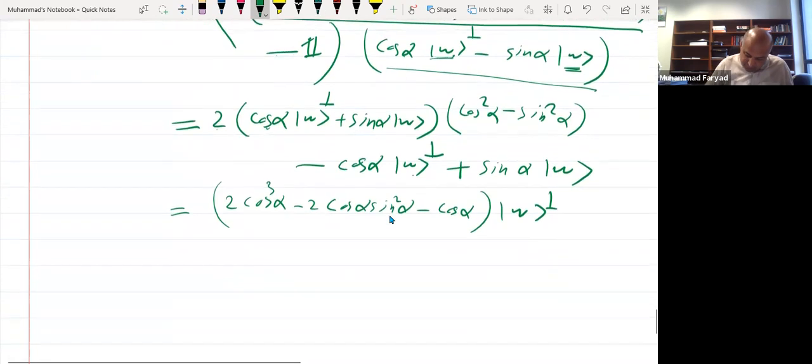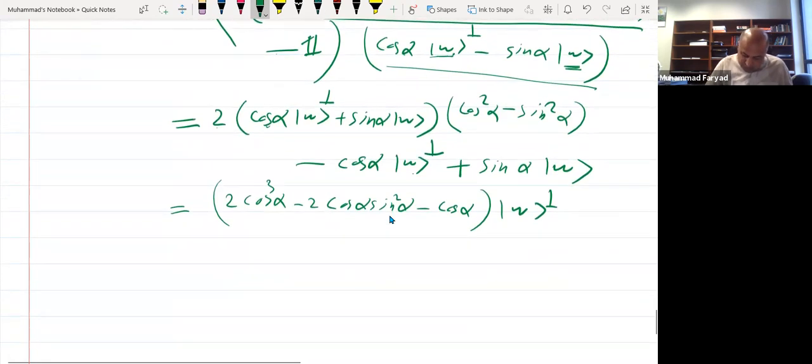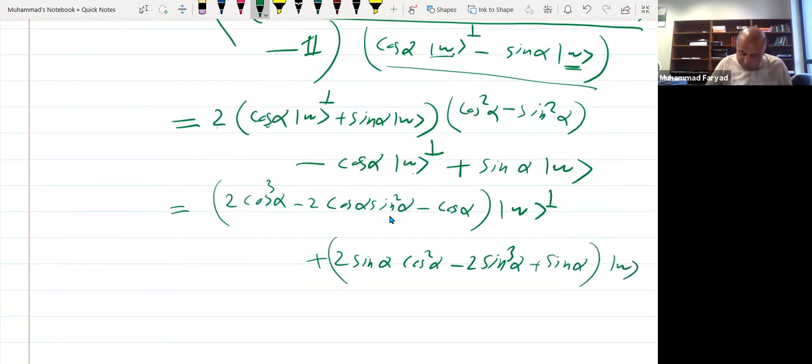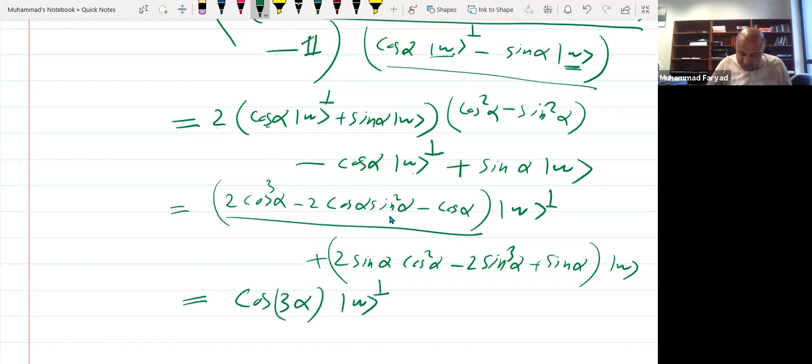And then similarly, the terms for W would be 2 sine alpha cos square alpha minus 2 sine cube alpha plus sine alpha into W. And I leave it to you to show that this is nothing but cos 3 alpha. You can expand cos 3 alpha and check, and this is nothing but sine 3 alpha.